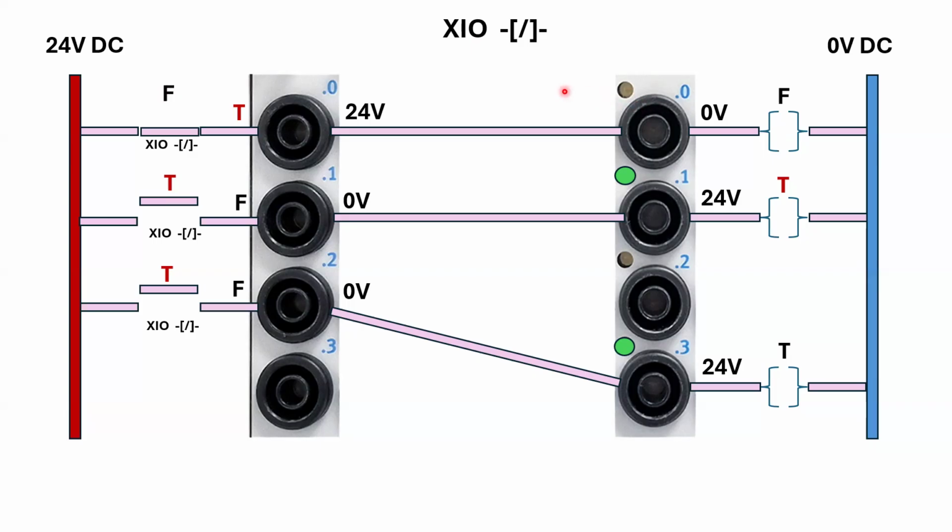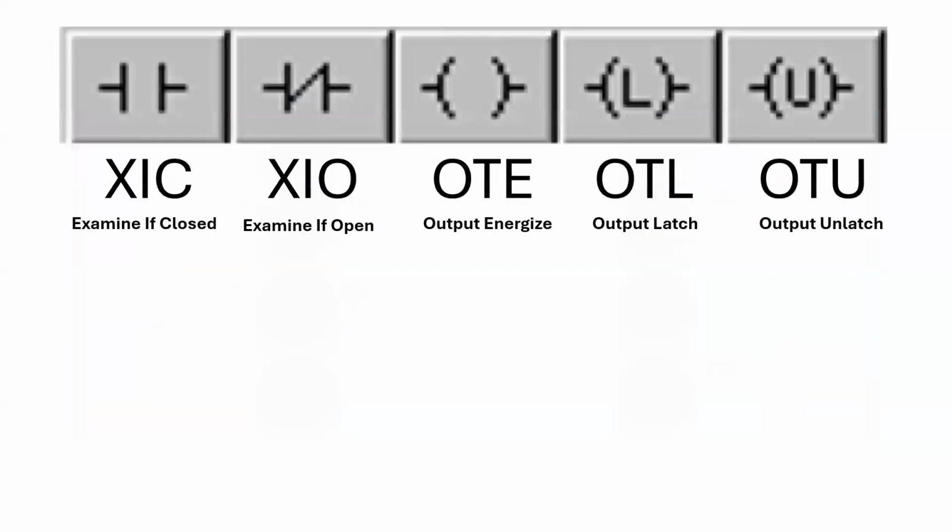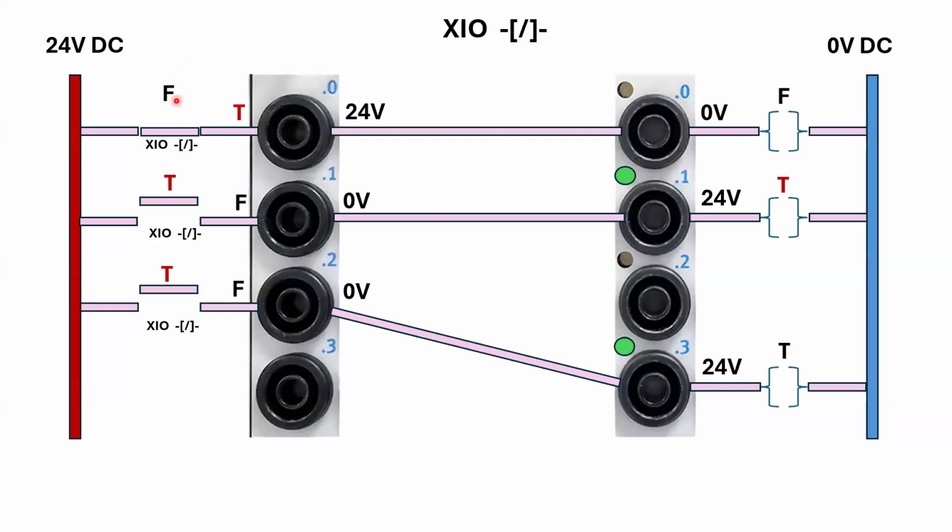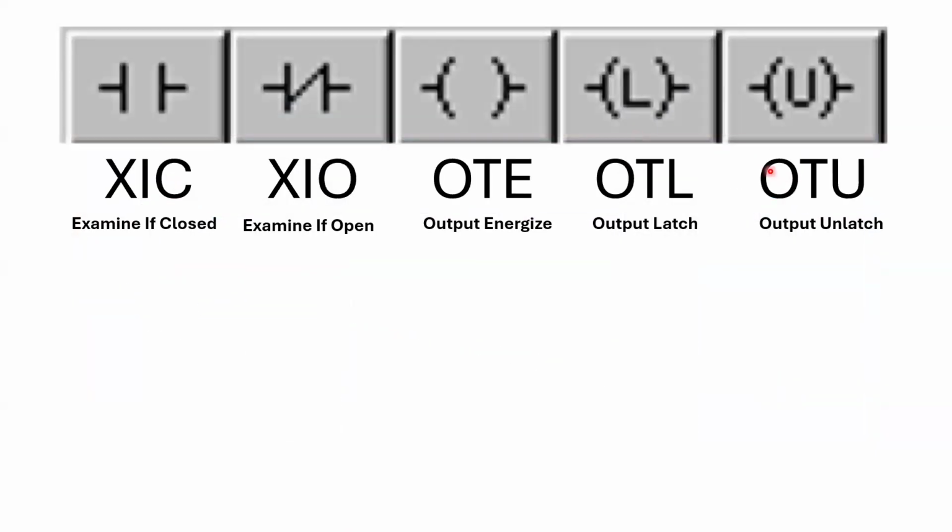But if we have this instruction here, output latch, we trigger the input, the output is going to change, and if we untrigger the input, the output is going to stay as it was when triggered, until it's being told to do otherwise, which would be output unlatch.